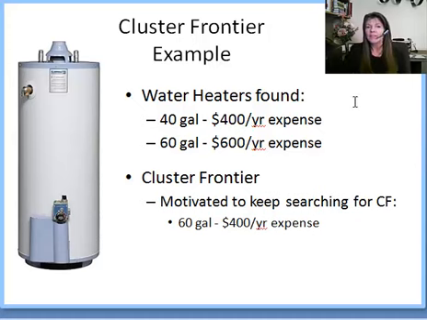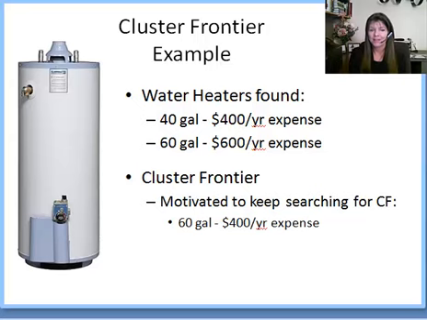Okay, so let's say that I look at water heaters, and so far I found 2 that I am seriously considering. One of them holds 40 gallons, and it costs $400 a year to run. The second one holds 60 gallons, but it costs $600 a year to run.